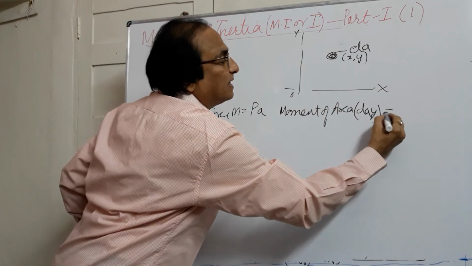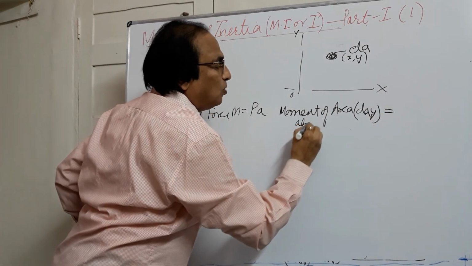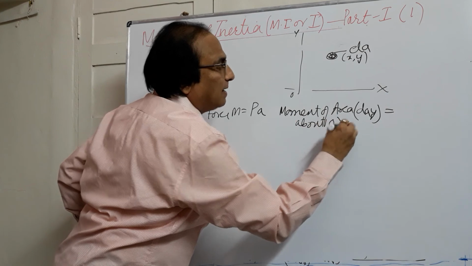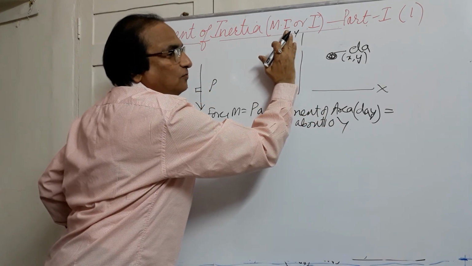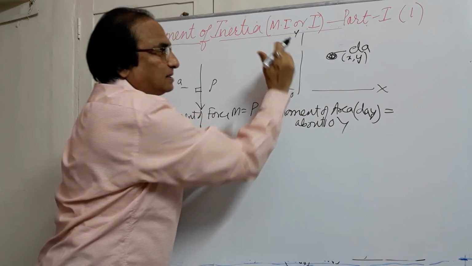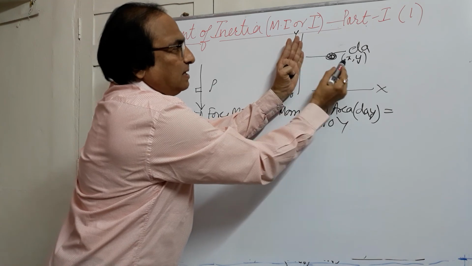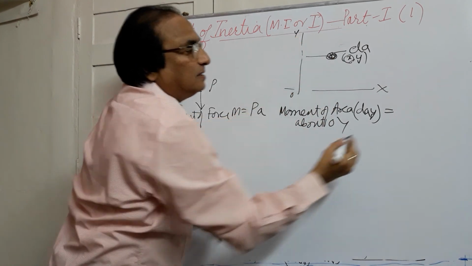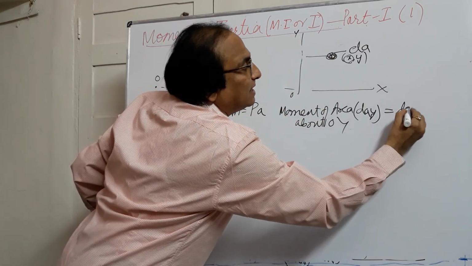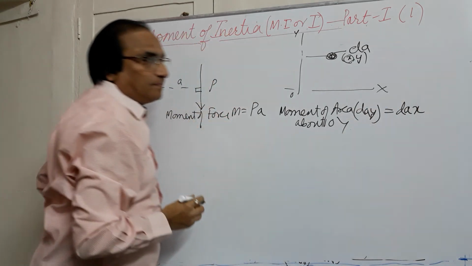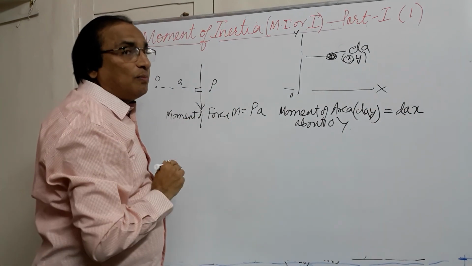So here if I take moment of area about OY, this axis, we know force, area into perpendicular distance. And what is the perpendicular distance from here? X is the perpendicular distance. So this I'll write it as dA into x. This is moment of area.